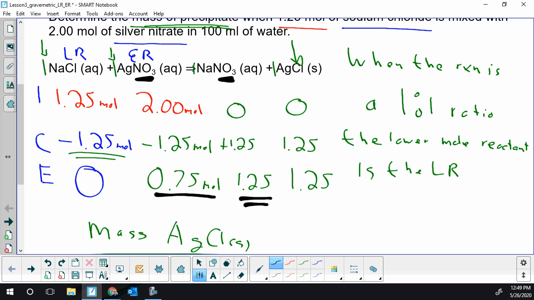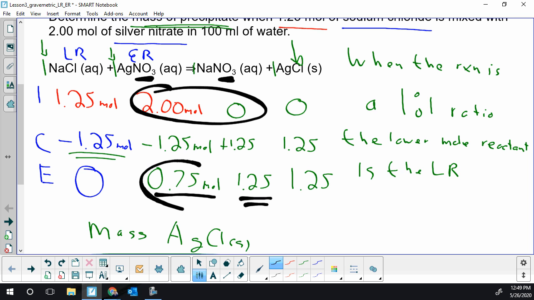It's just we've written it separate. At the very beginning, if you look at your 2 nitrate pieces, there's 2 moles in total, 0 and 2. If you look at your nitrate at the end, it's just now broken up and we're writing it separate, but there's still the 2 moles.